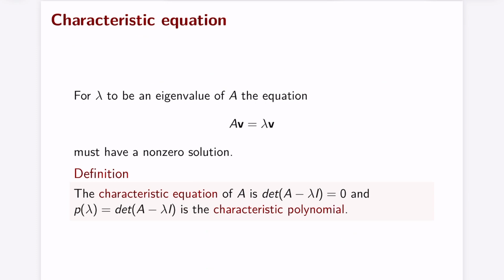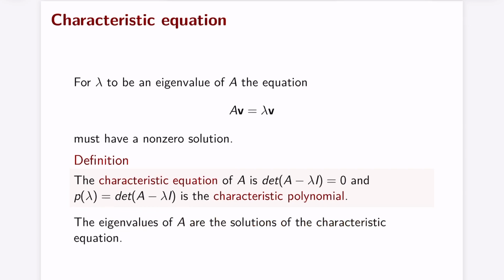As I just said, the characteristic equation is the determinant equals 0, and just the determinant, just this part, is what is called the characteristic polynomial. If you have the polynomial equal to 0, you have the equation. Otherwise, if you have just the expression, it's called the characteristic polynomial. Both the characteristic polynomial and the characteristic equation are very important data of a matrix, since the eigenvalues are going to be the solutions of the characteristic equation.